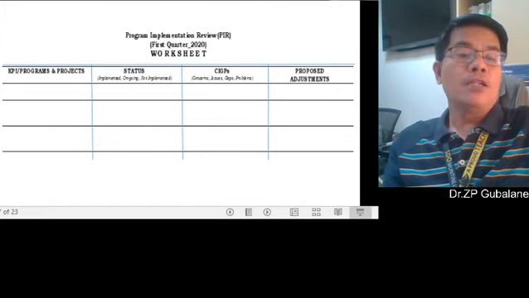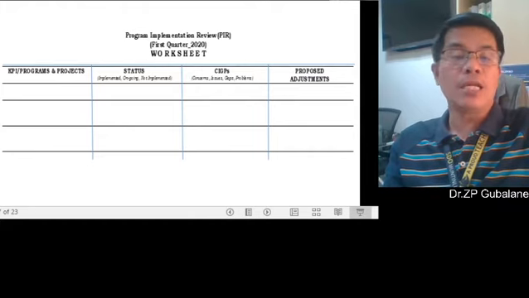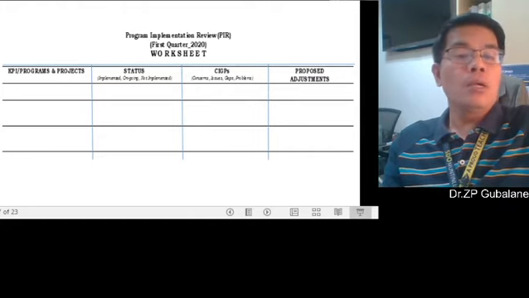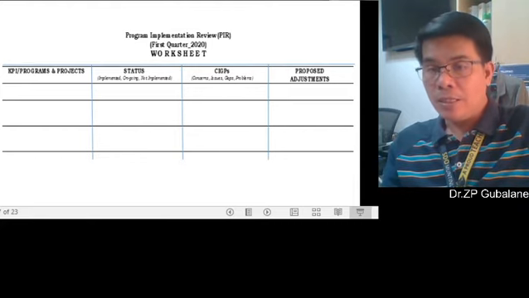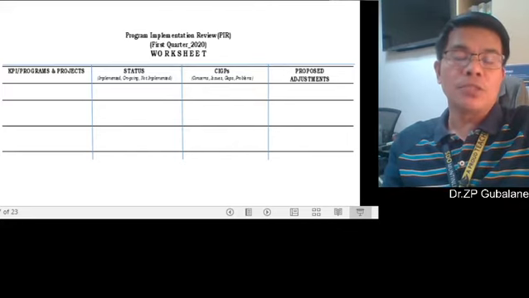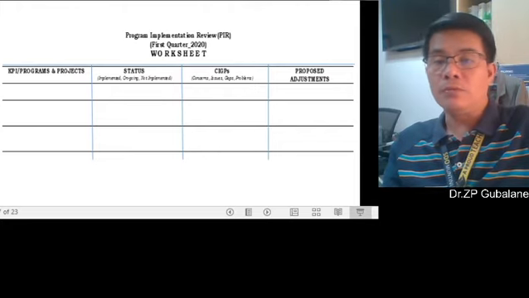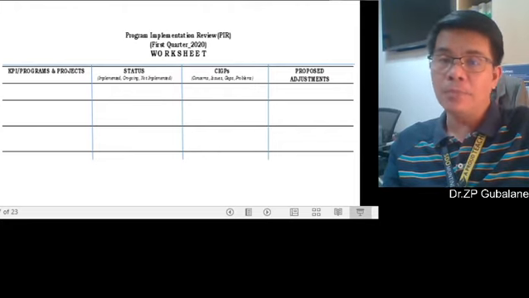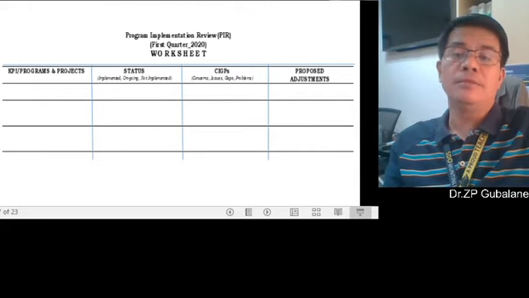So what are our key performance indicators as to academics, as to non-academics, or programs and projects, to be specific? And then what is the status? The second column is the status: completed, not yet completed, or ongoing implementation, or not yet implemented.